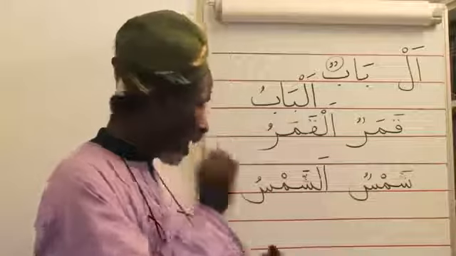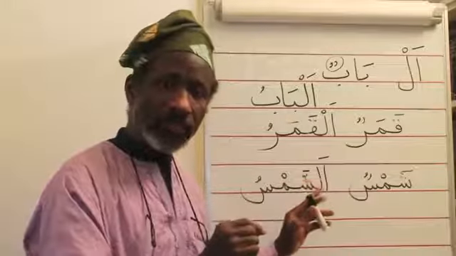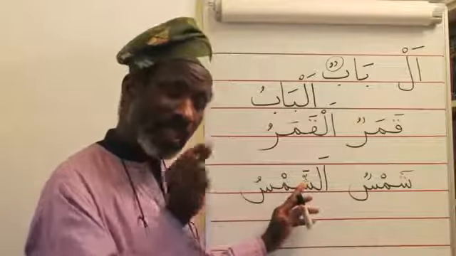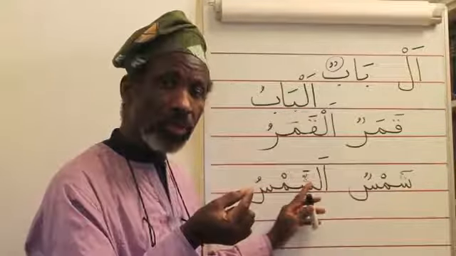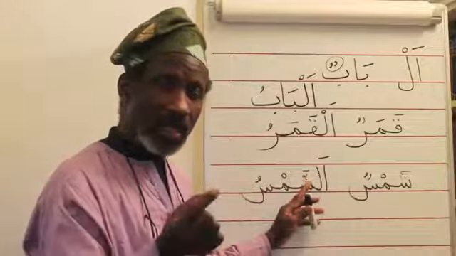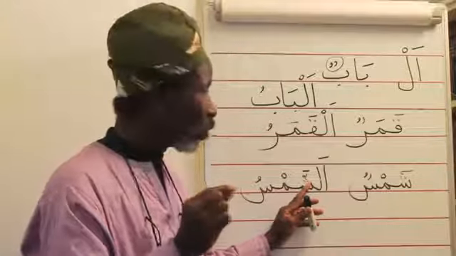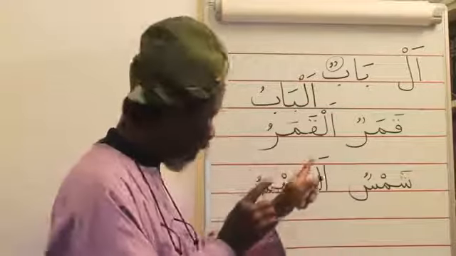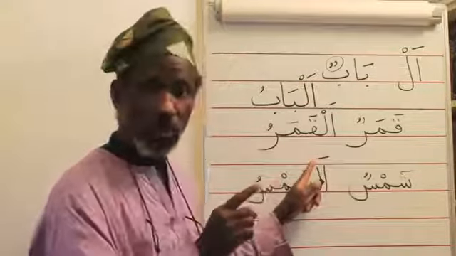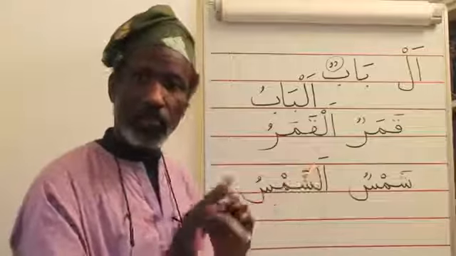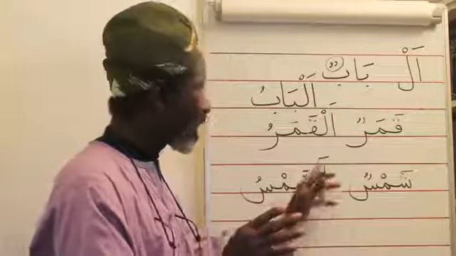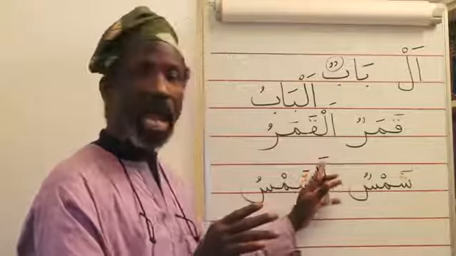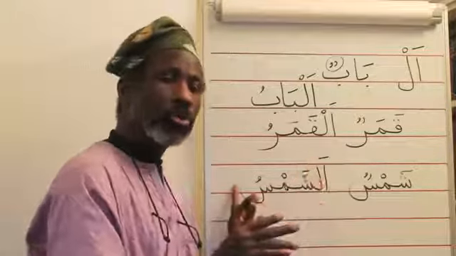Once shadda has been placed on that sun letter, you remember the shadda means there is an embedded sukoon. And in Arabic, you are not allowed to have two sukoons next to each other. Therefore, the first sukoon, the obvious one, was removed. It's not pronounced. We say ash, so you are linking the a with ash, shams.